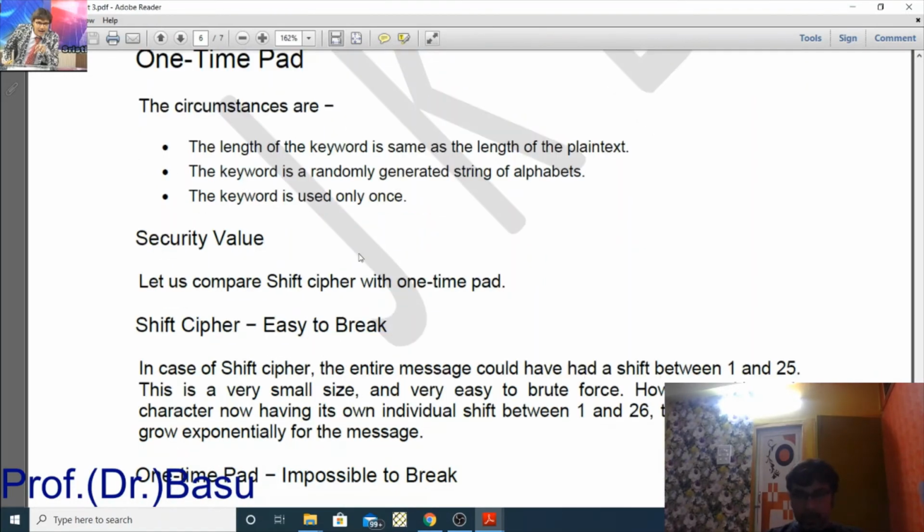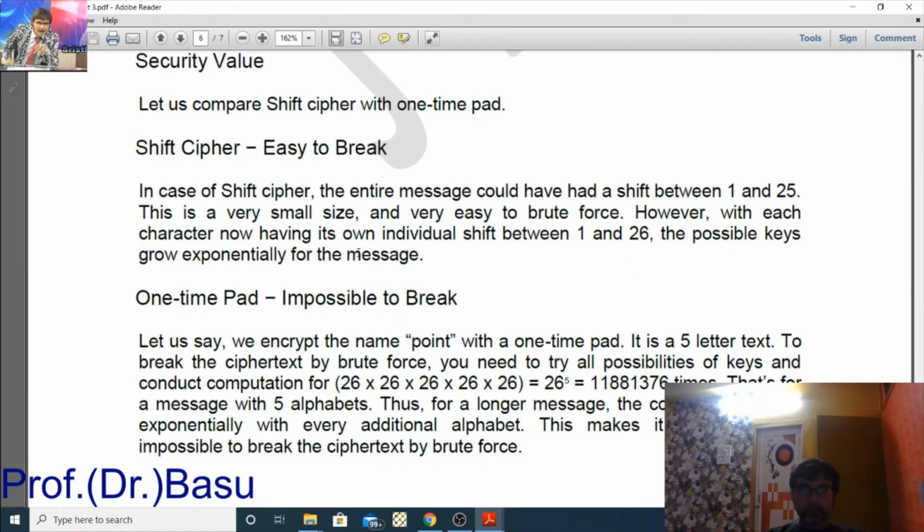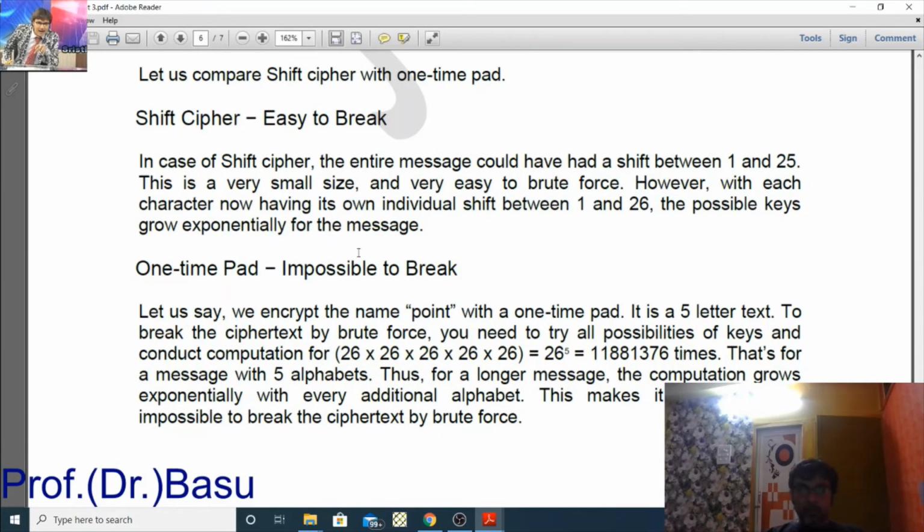One-time pad. What happens here is that we have 26 letters in our alphabet. If we think about 5 letters, each and every letter can be replaced with any of the 26 letters.